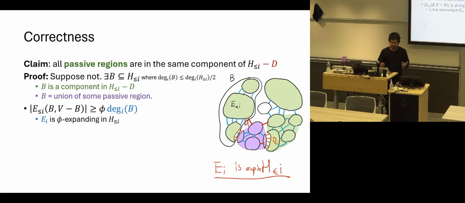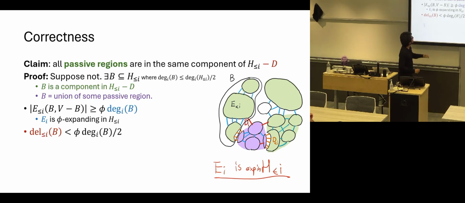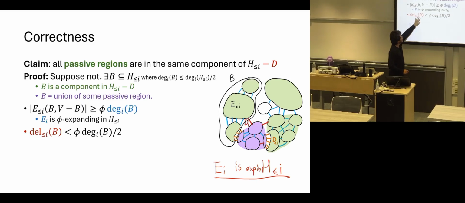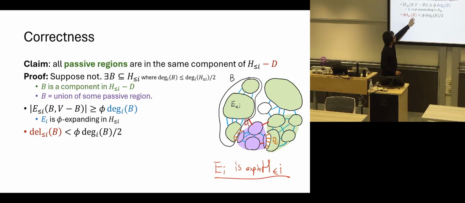So you can expect that there are a lot of edges crossing B. But at the same time, the number of deletions incident to B will be small.